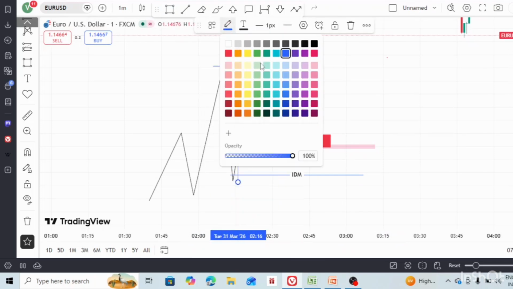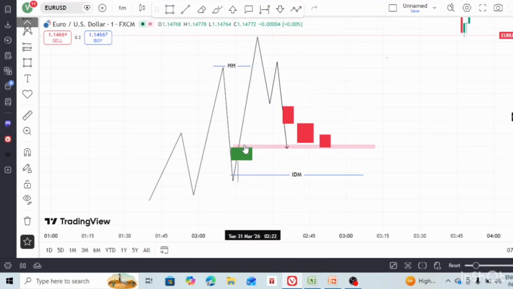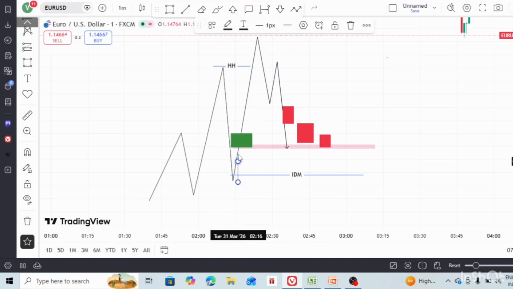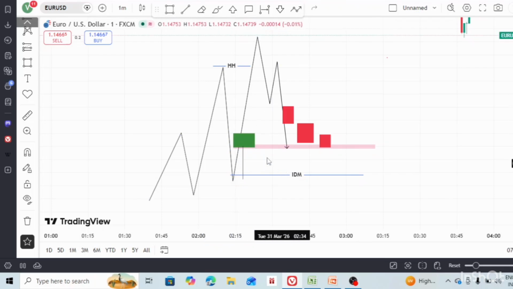This is the wick of the candle. I think it's visible, okay. So the liquidity will always be at the lowest point of the candle.